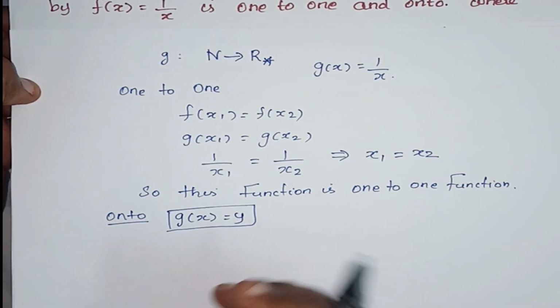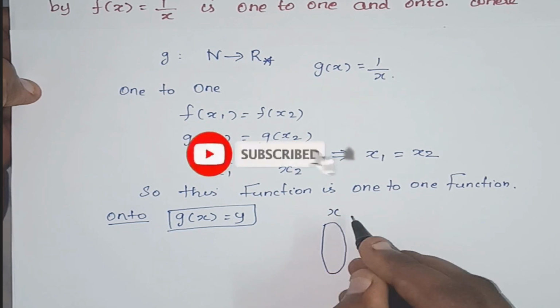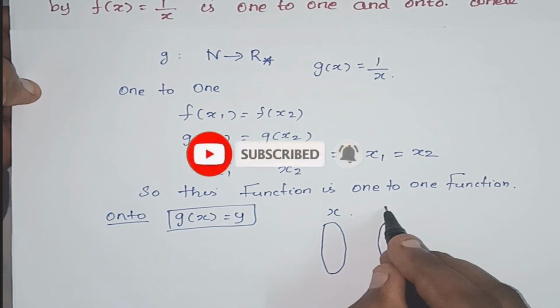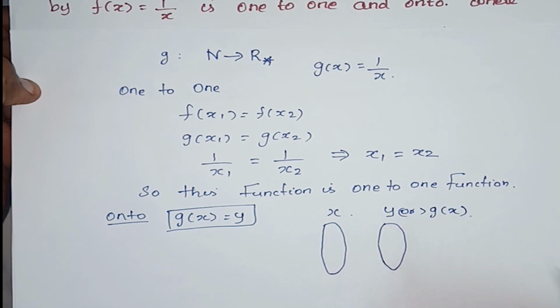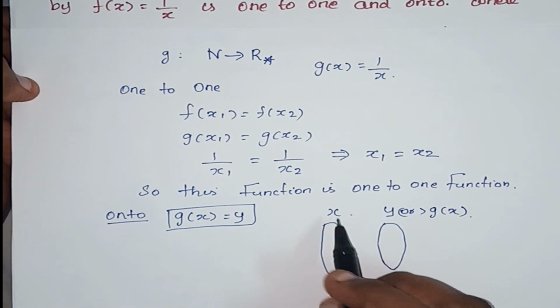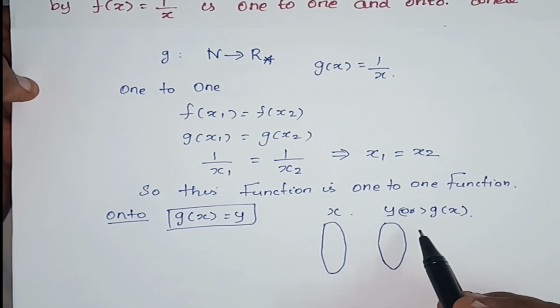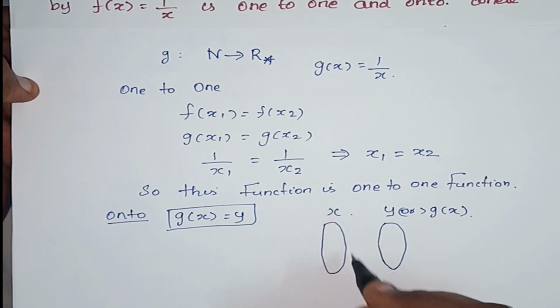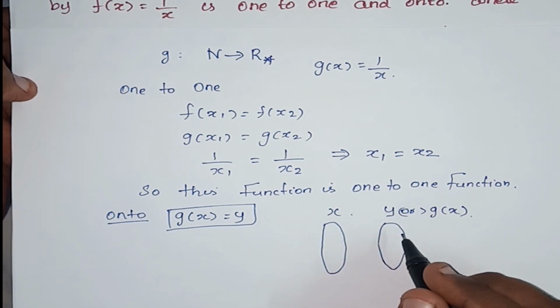So here I am taking this as x, this as y, that is y or g of x, right? This x is the domain, this is the codomain, right? The domain x is the natural numbers, this y is the real numbers, right?